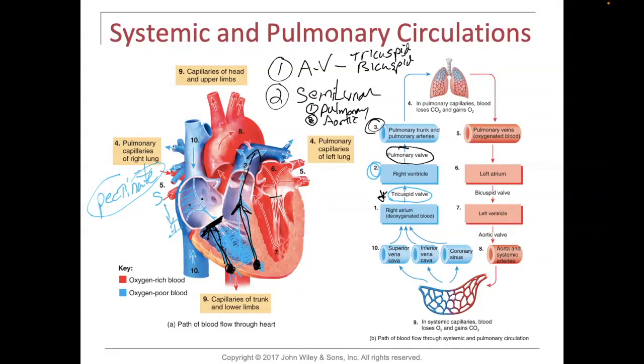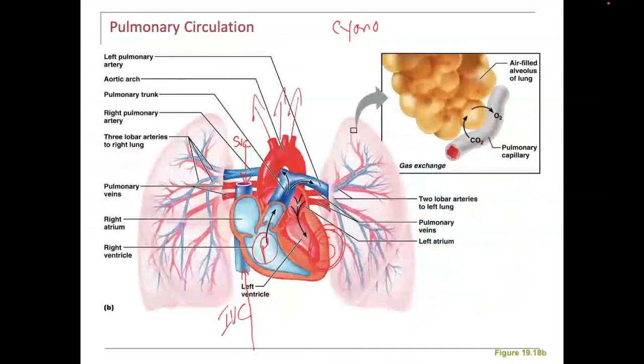And the pulmonary trunk branches, one going to the left side, one going to the right side, and those are called pulmonary arteries. Remember, arteries pump blood away from the heart. So the arteries are pumping blood away from the heart and into the lungs, just like here.